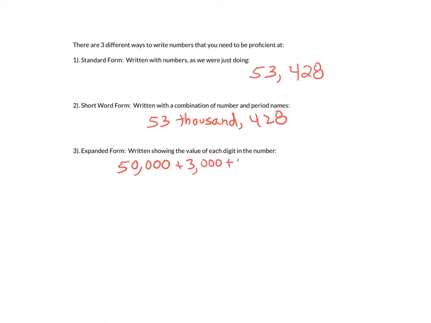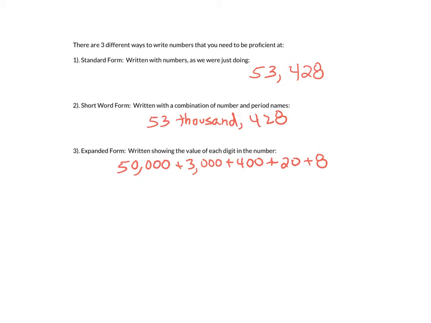The 4 is in the hundreds place, so that's plus 400. The 2 is in the tens place, so that's plus 20. And then the 8 is in the ones place. So expanded form would be 50,000 plus 3,000 plus 400 plus 20 plus 8.